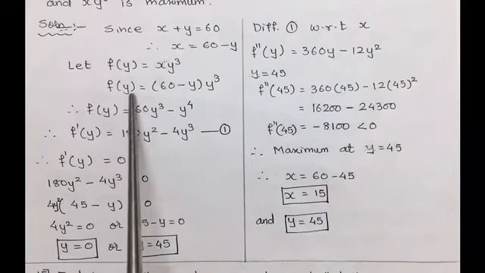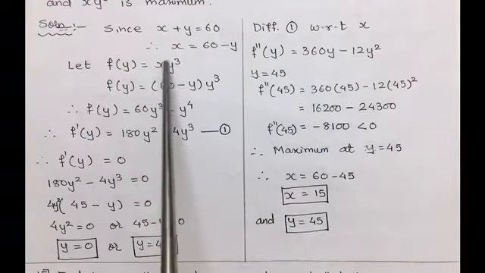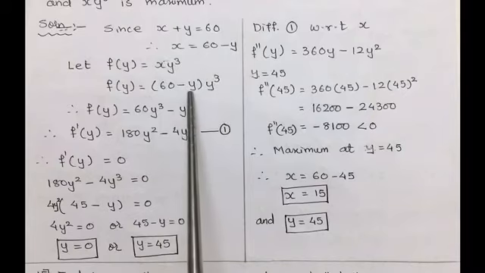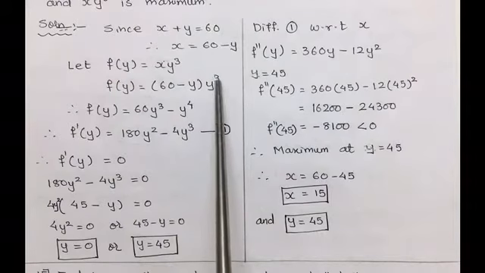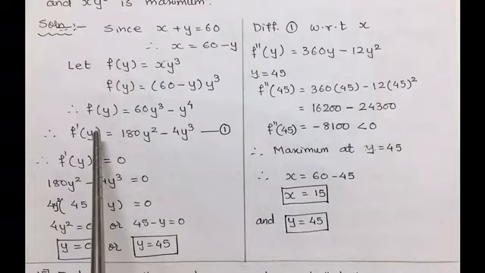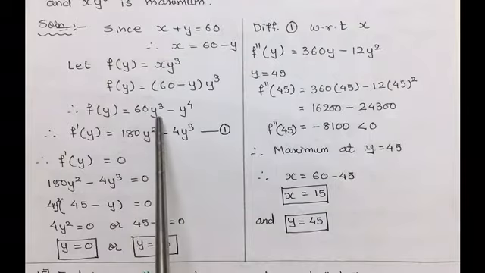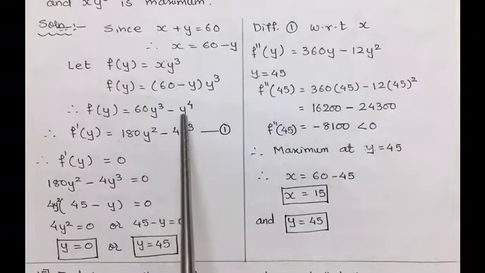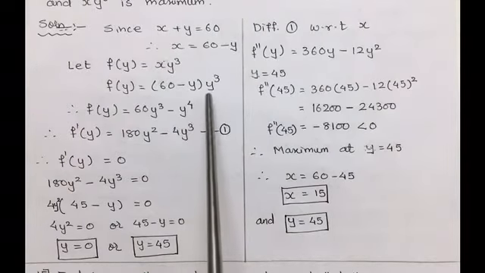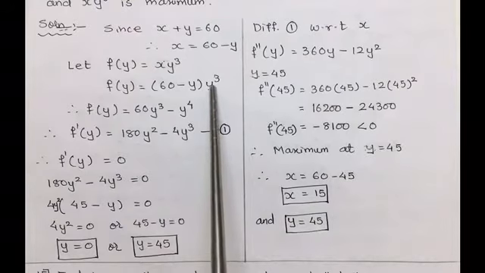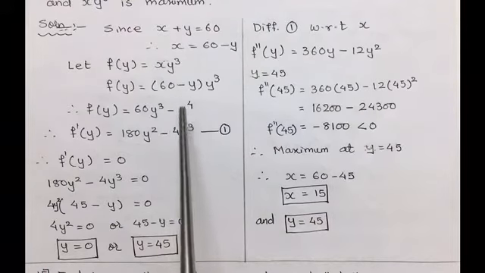So f of y is equal to, keeping x as 60 minus y, into y cube. So we got f of y equal to 60 y cube minus y raised to 4, that is multiplying y cube with both of them.